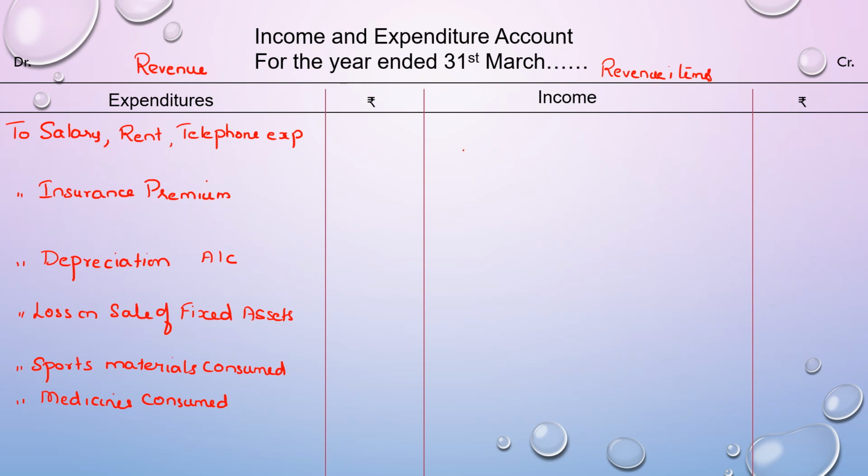Here you can have various types of items like subscriptions. Subscriptions are the amounts which are received by a not-for-profit organization from its member on a routine basis. It might be collected either on monthly basis, quarterly basis, half-yearly basis, or yearly basis. That doesn't matter. But it is going to be collected every year on some regular basis.